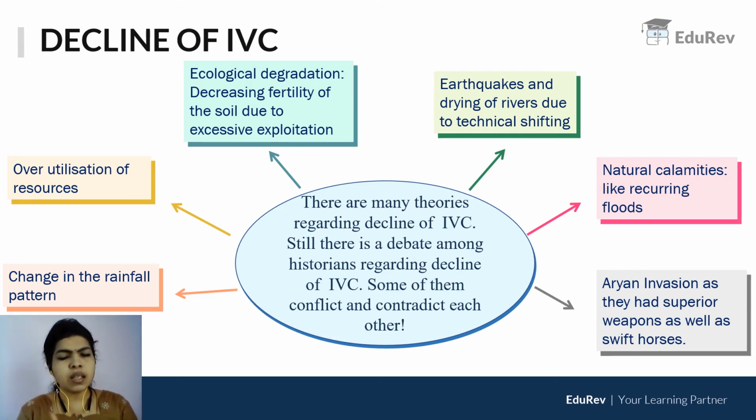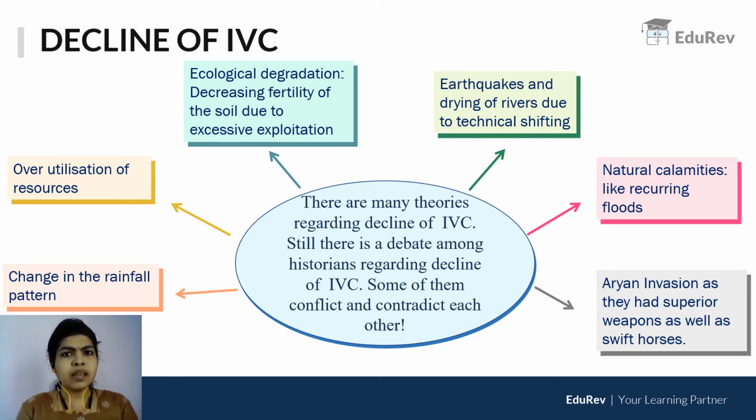Earthquake theory, that is another probable theory. Earthquake theory, drying of rivers: earthquakes might have caused shifting of the tectonic plates, because of which certain plates might have subsided, certain plates might have gone up, because of which the rivers might have shifted their course.